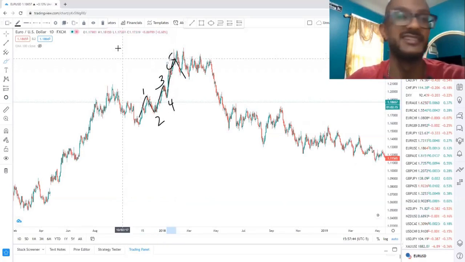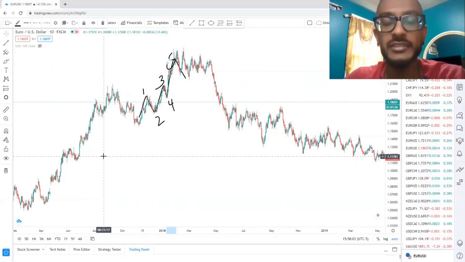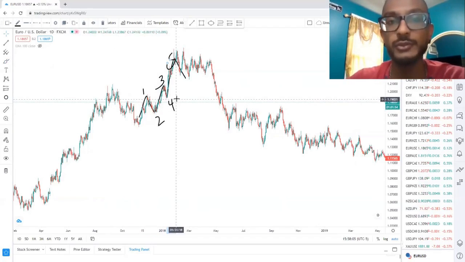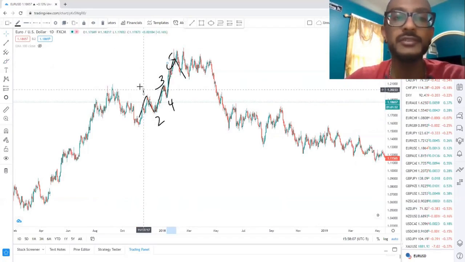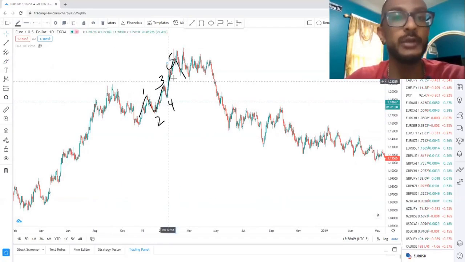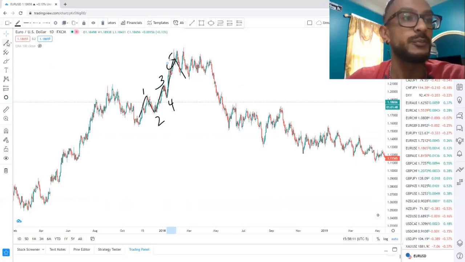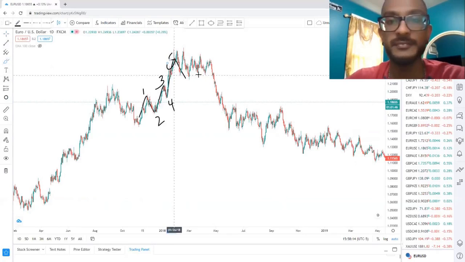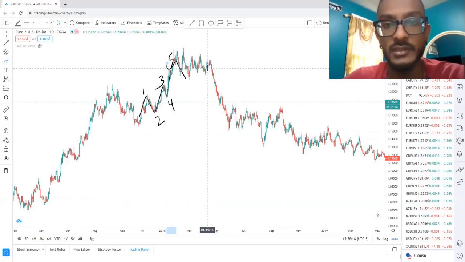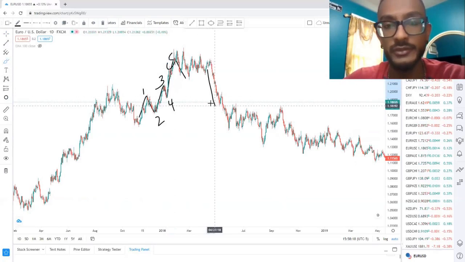So where are you likely to take your entries? On the pullbacks, so 2 and 4. After we've had the 5 waves, price is set to reverse in a wave of 4.